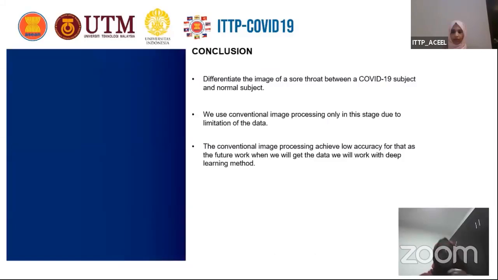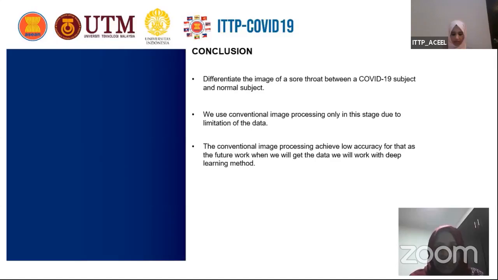As a conclusion, we are able to differentiate the image of a sore throat between a COVID-19 subject and a normal subject. We used conventional image processing only at this stage due to the limitation of the data, because as I said, we are waiting to get the data from the hospital in order to apply a convolutional neural network model.